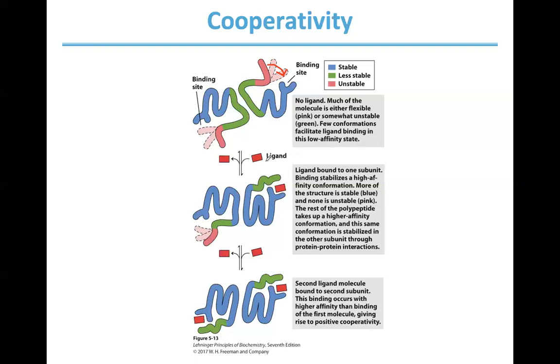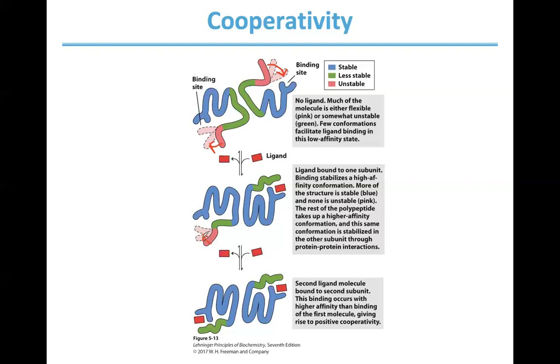But then one ligand makes it, this flap closes, and look what happens. This flap closes, but this flap is starting to approach it. So this will be an example of positive cooperativity, where the binding of one ligand facilitates the binding of another ligand onto the same protein.